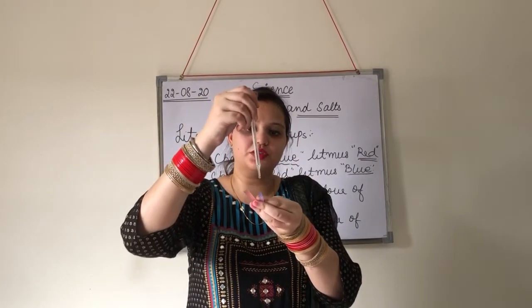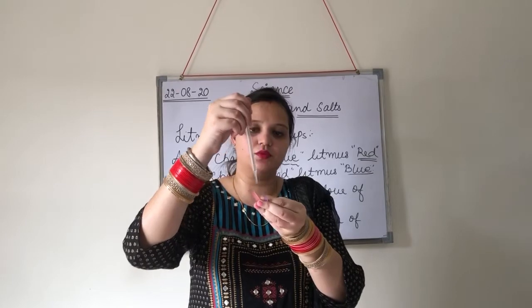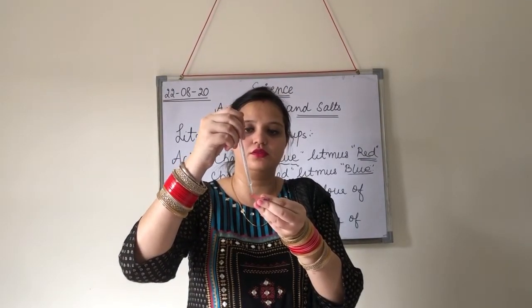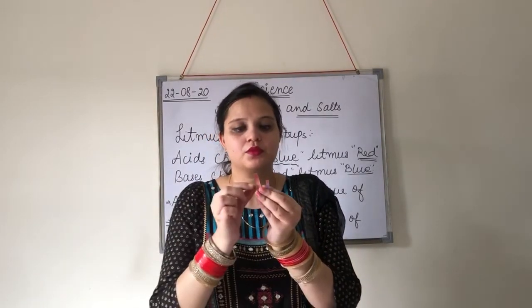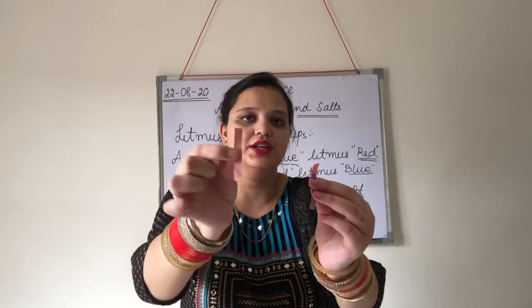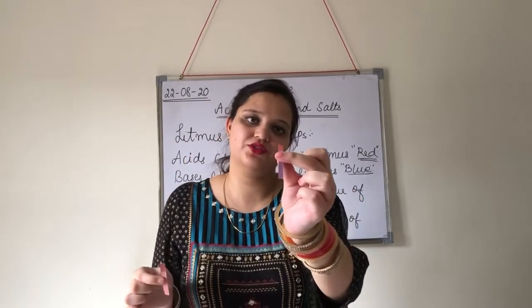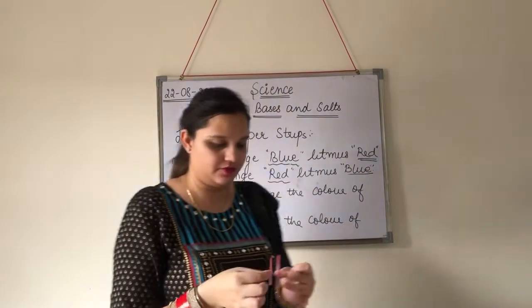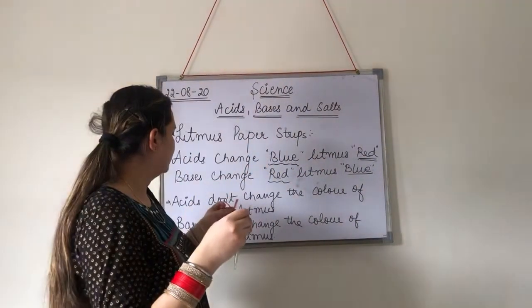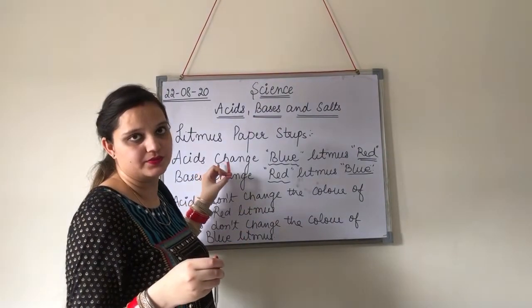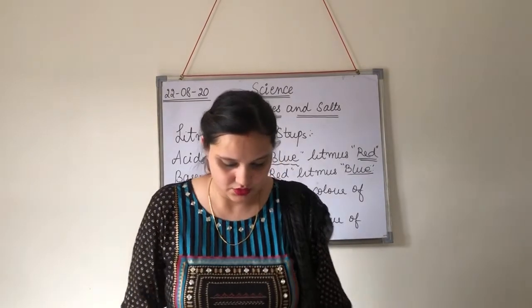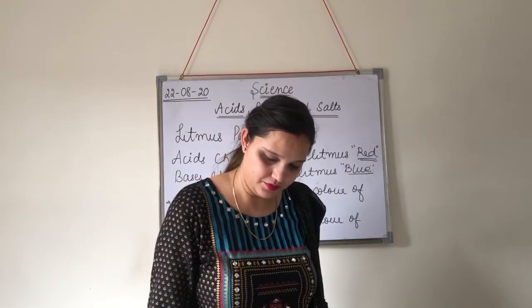So let's pour one drop of this on each. So see the color changes. The red litmus is not changed while the blue litmus has changed its color. So what that specifies is that the substance we have taken is acidic in nature. So let's check it for more substances.